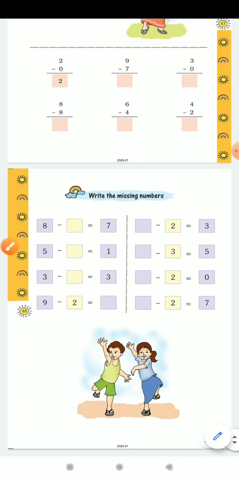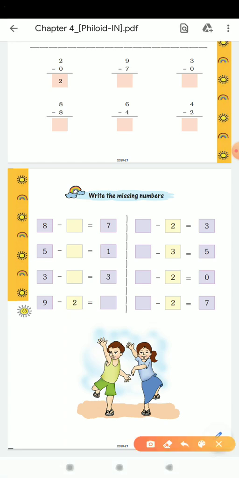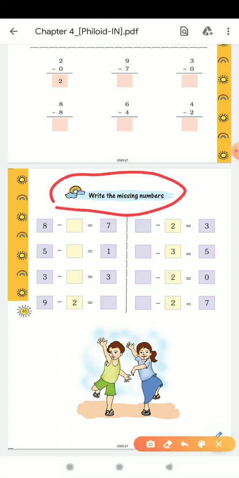Now page number 68. Here we have to write the missing numbers. The question is: write the missing numbers. Here we have to find out the number which is not in its place. So how do we do that? I will explain to you.